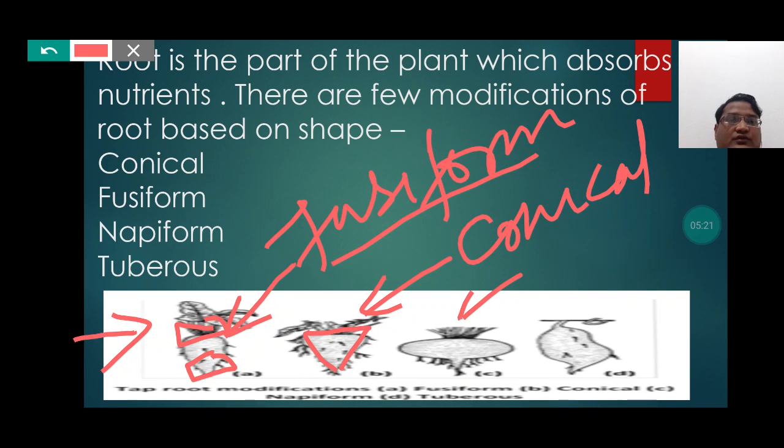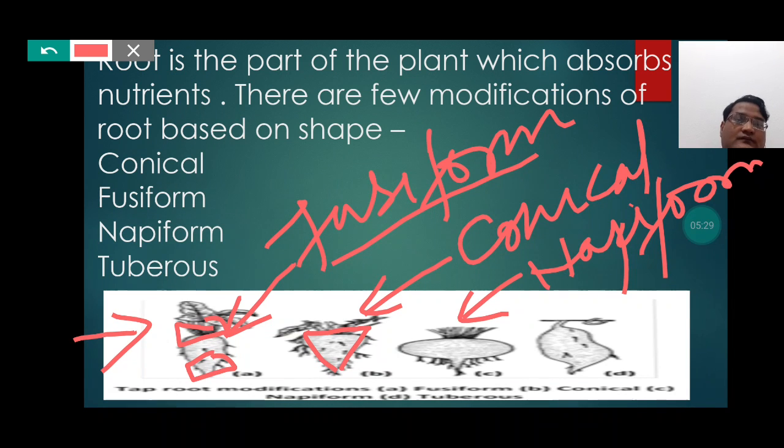The third root is actually the napiform, where students you can find the shape of the root is appearing like a nappy.